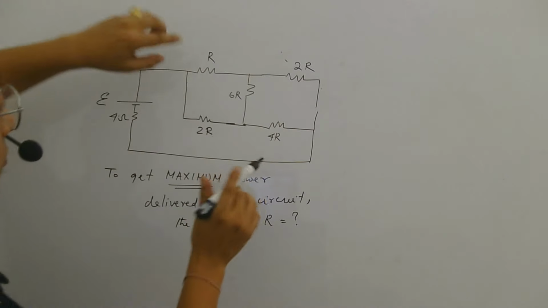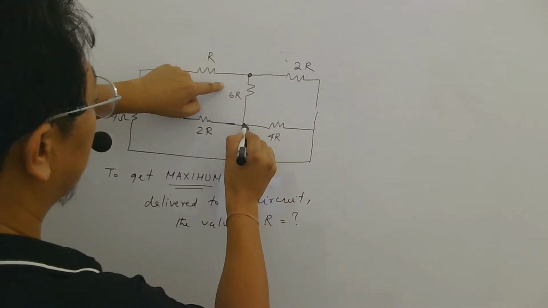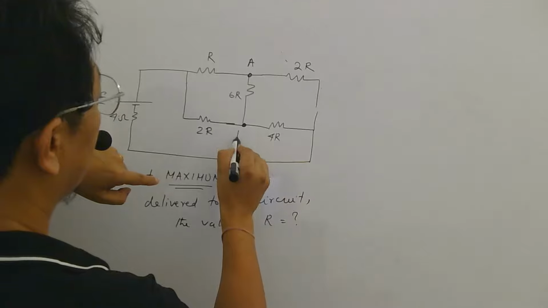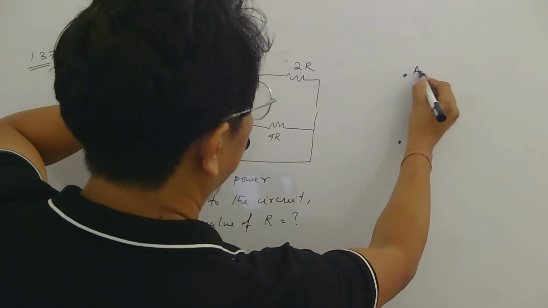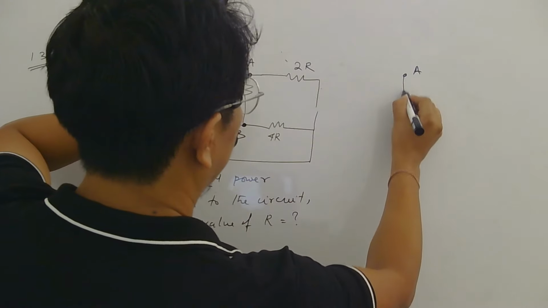Now if you think carefully, if I call these points A and B, then between A and B you have this 6R.